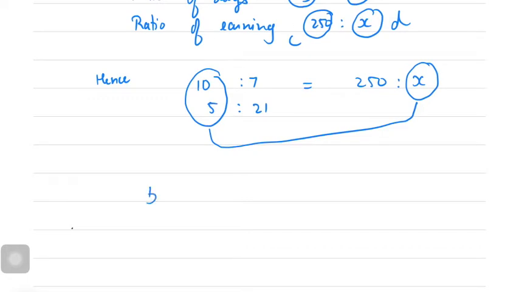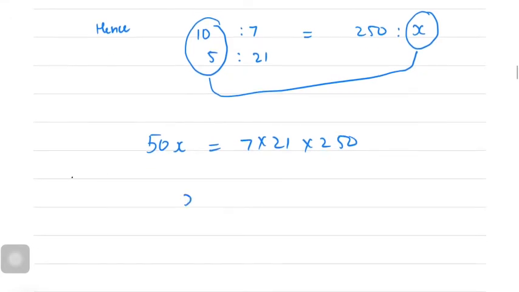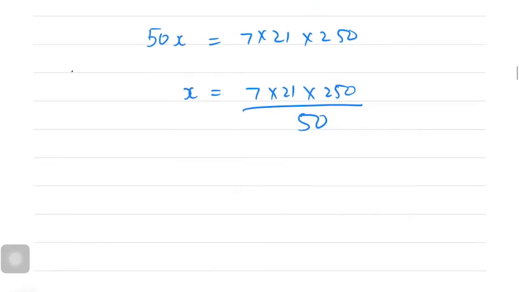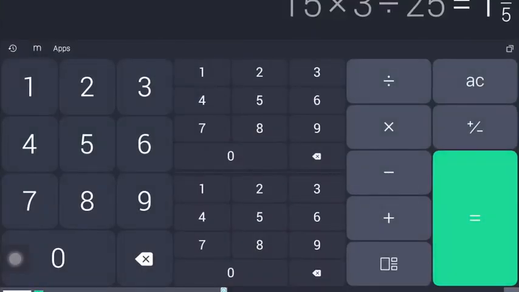Okay, so 10 into 5 is 50. So 50x is equal to 7 into 21 is to 250. So x is equal to 7 into 21 into 250 divided by 50. Okay. So when you calculate this, let's calculate and check.